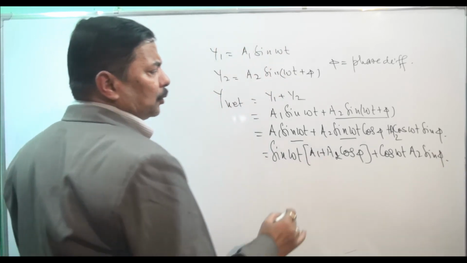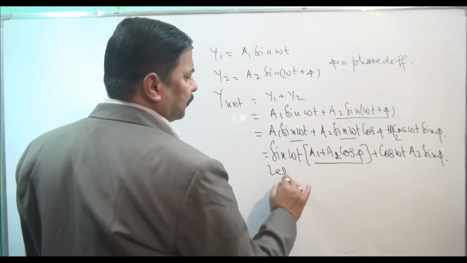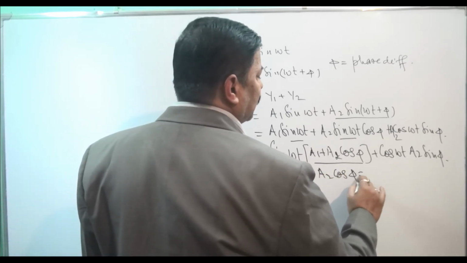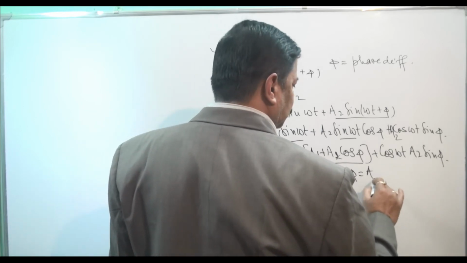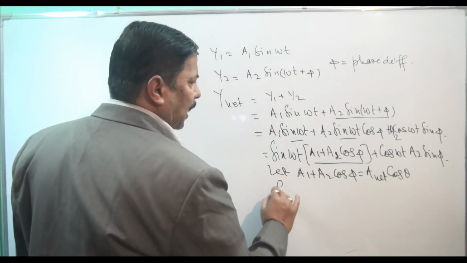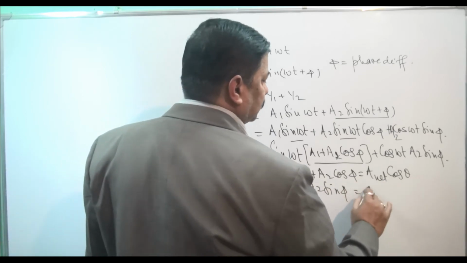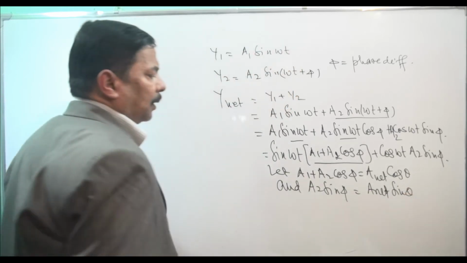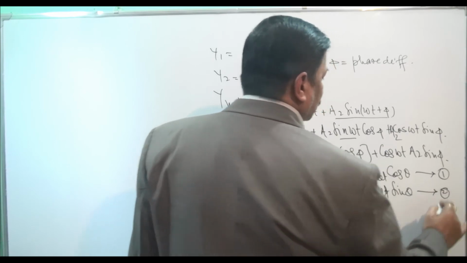Now let A1 plus A2 cos phi be equal to A net cos theta, and take it as equation number 1, and A2 sin phi equal to A net sin theta as equation 2.